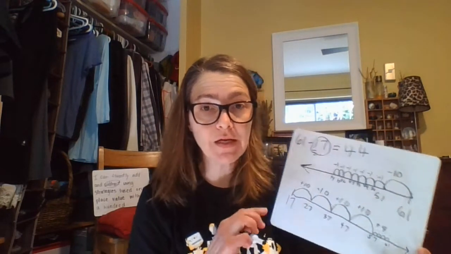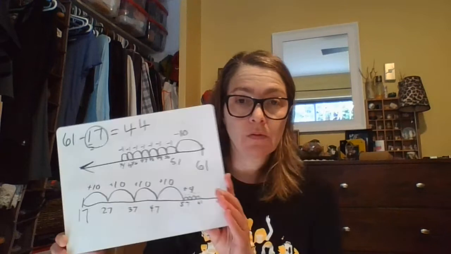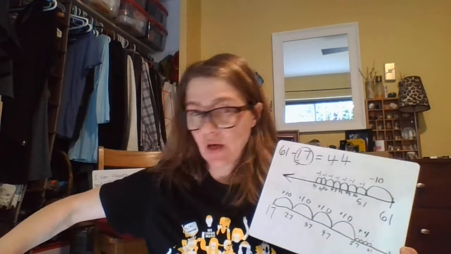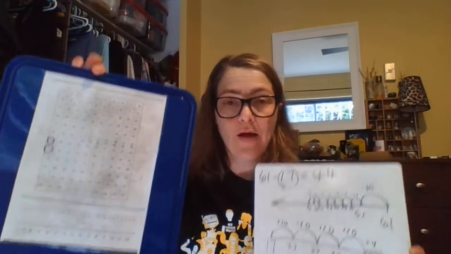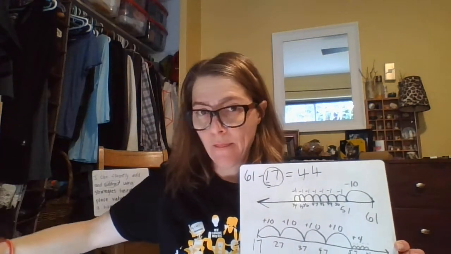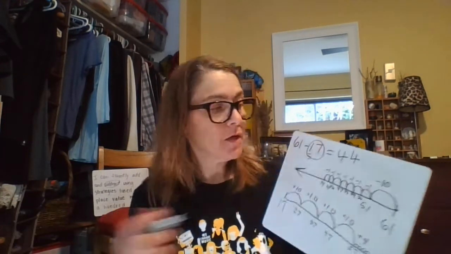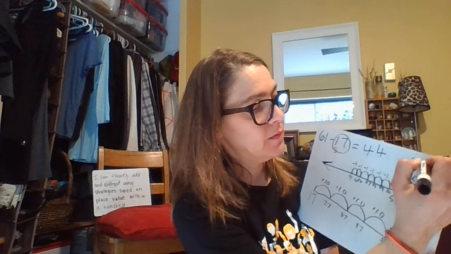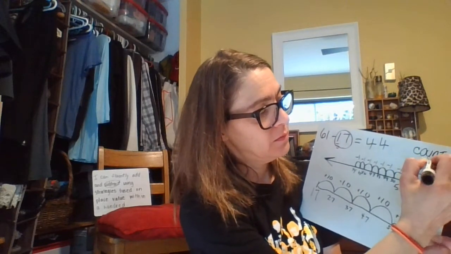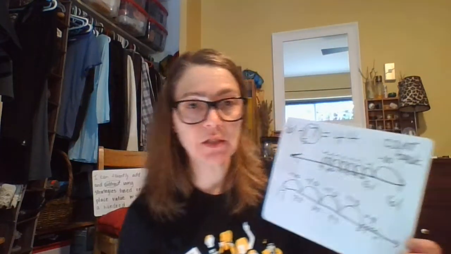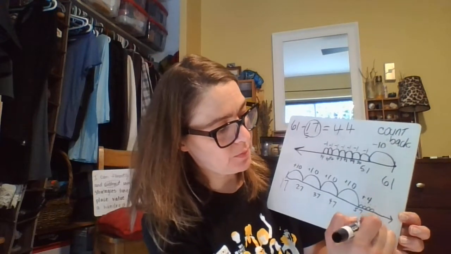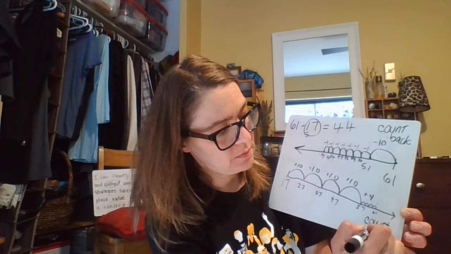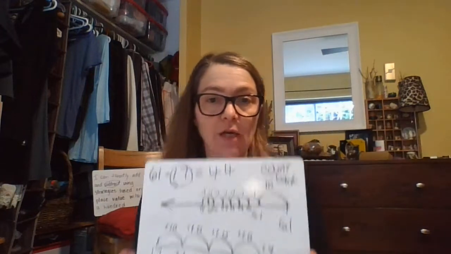So there's 3 ways you can do this. You can use the hundreds chart if you have one. Okay, you can count back. That's one strategy for subtraction. Or you can count up. That's another strategy for subtraction.